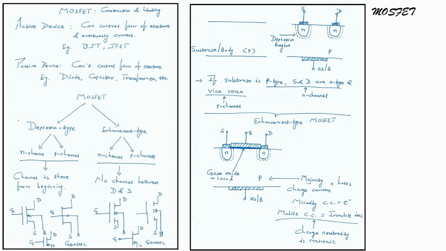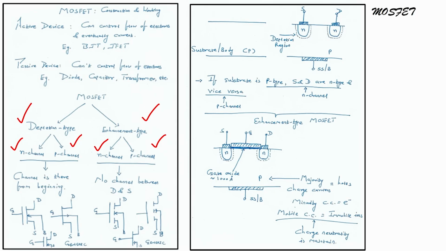One is the depletion type MOSFET, another is the enhancement type MOSFET, okay. And then further there is n channel depletion type, p channel depletion type, n channel enhancement type, and p channel enhancement type, okay.